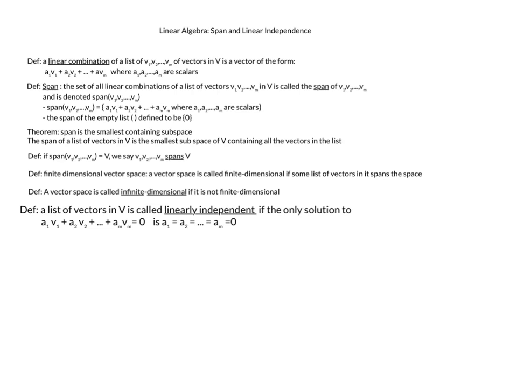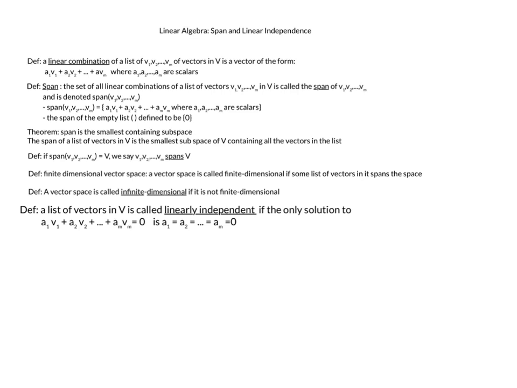And finally, we're on the definition of linearly independent. A list of vectors in V is called linearly independent if the only solution to this homogeneous equation, a1v1 plus a2v2 and so on up to amvm equals 0, is that all of the coefficients equal 0.